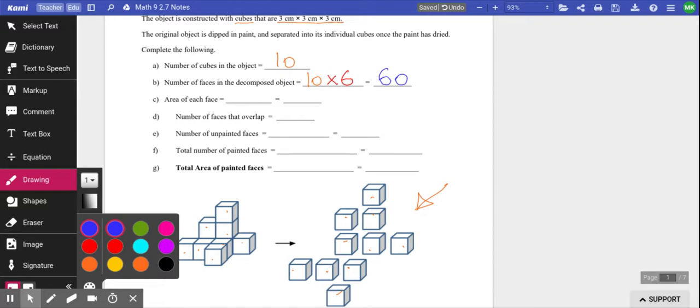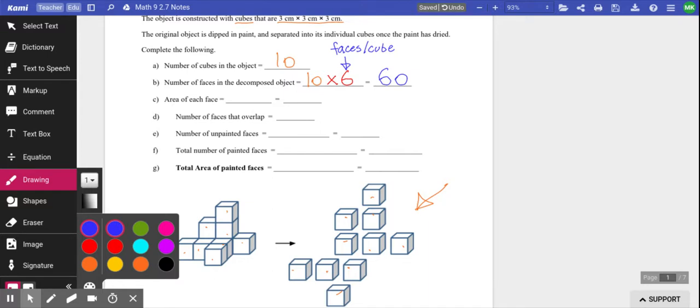That's in the exploded view, right? Like decomposed all apart, there would be 60 faces in there. Each one of those faces has a surface area. Because there's 6 faces, so 10 would be the number of cubes, and 6 would be the number of faces per cube. The little slash means per. So there's 6 faces on each cube.